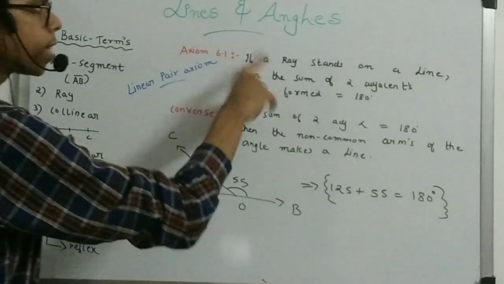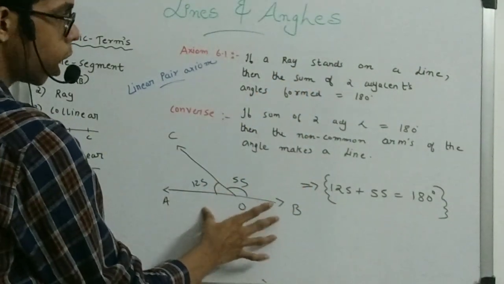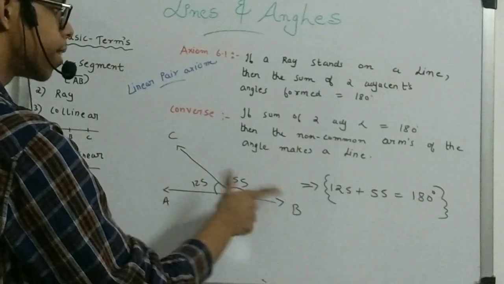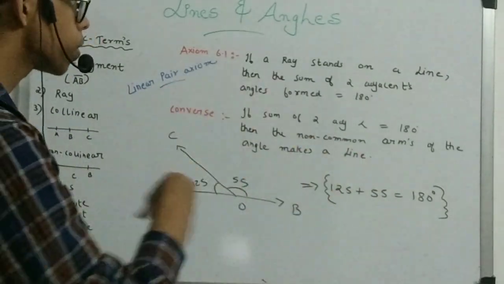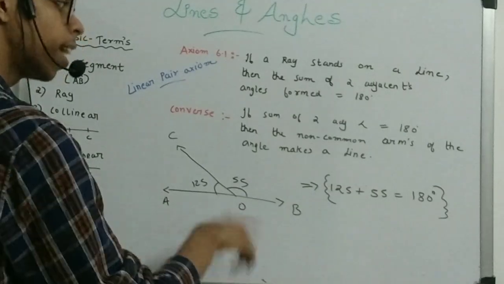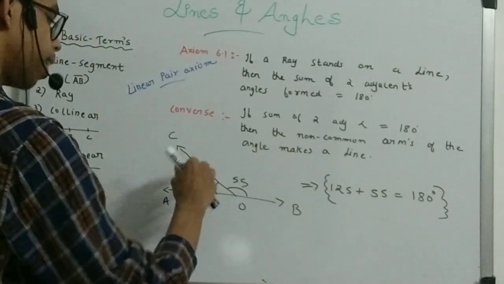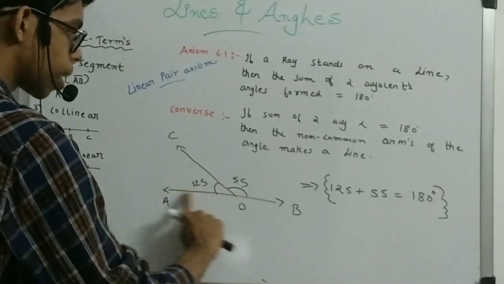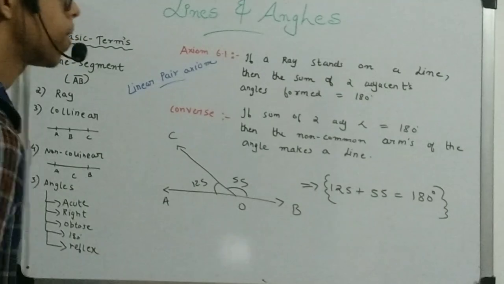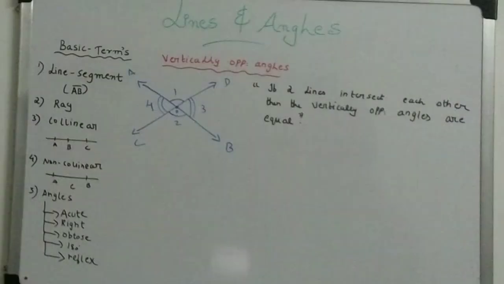In our first one, it was given that the ray stands on a line, and then the sum is equal to 180. Now the converse says that if the sum of these two angles is 180, then definitely this ray OC will be present on a straight line. This is the converse statement that is trying to tell you. Okay, I hope it is clear.